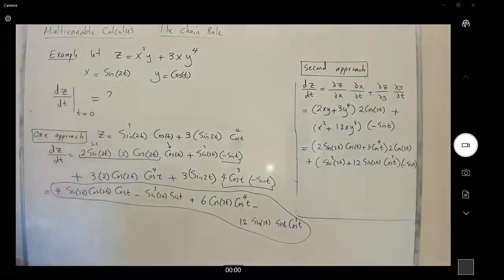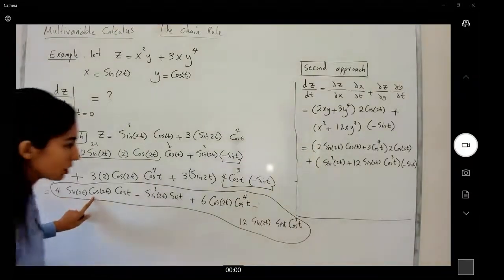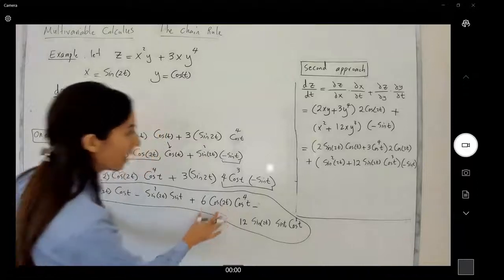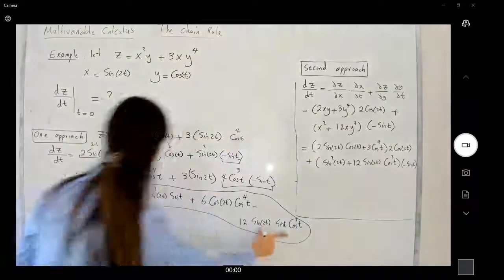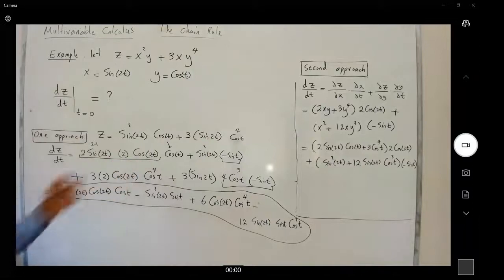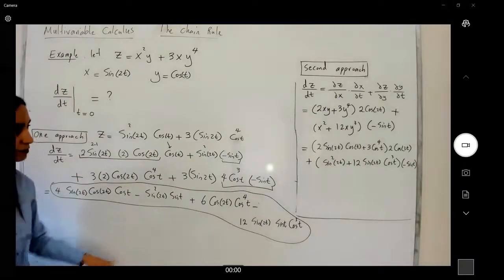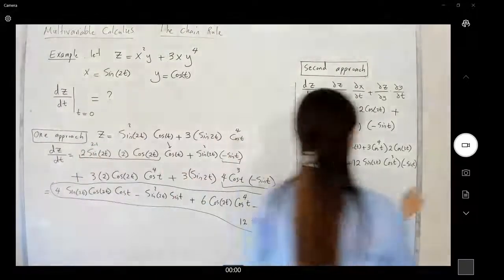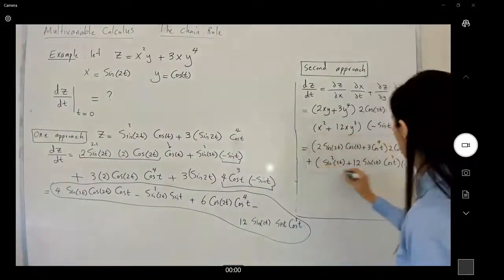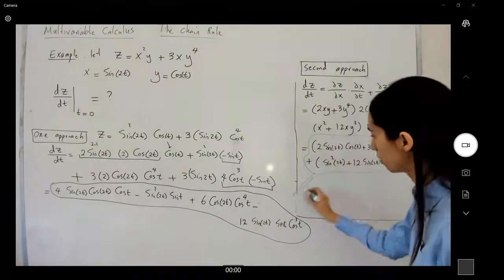If I factor out 2 cosine t here, and then factor out minus sine t from here and here, I get the exact same outcome. These two are equal to each other.